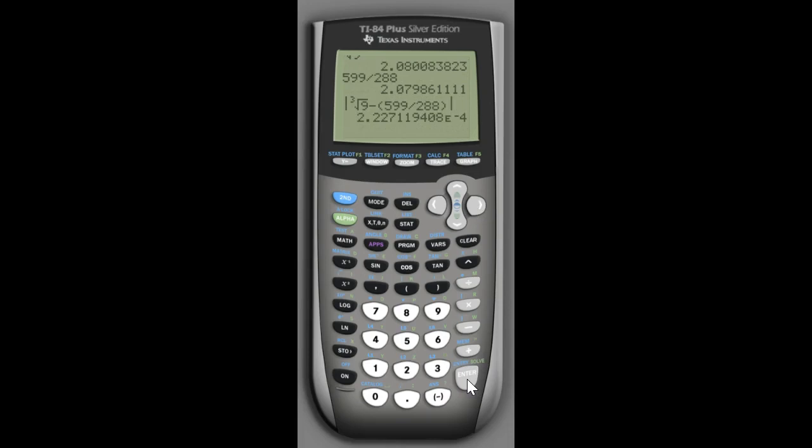This gives me 2.227119408 times 10 to the negative 4th. So that's 0.00022, whereas my error bound said that I had to be less than 0.000241. So yes, my error is within 3 decimal places.